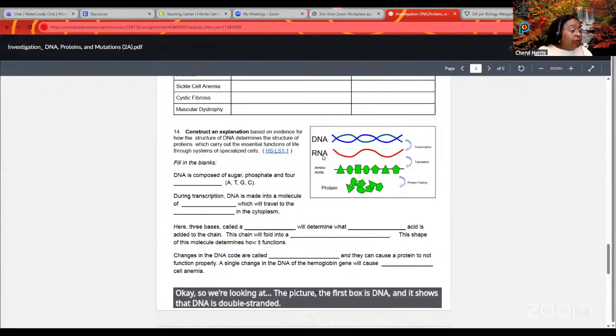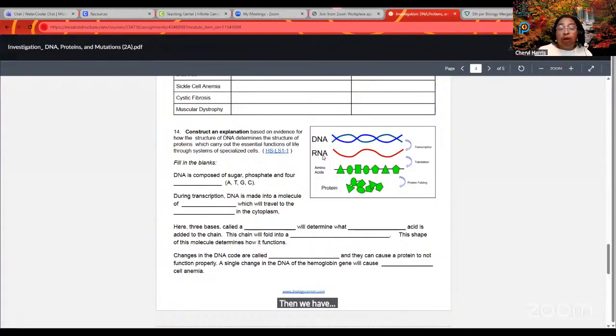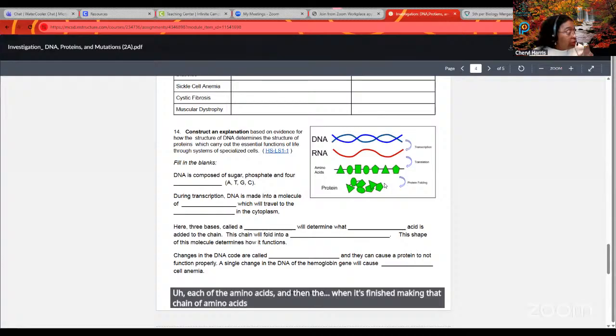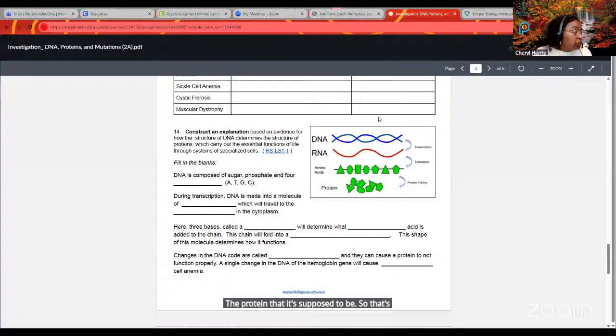Then we have RNA, which is single-stranded. The DNA transcribes its information to a single-stranded RNA. Then the RNA translates that information to make a chain of amino acids, and when it's finished, it folds into the protein it's supposed to be. That's what the picture is showing you.